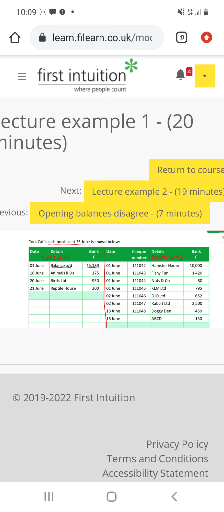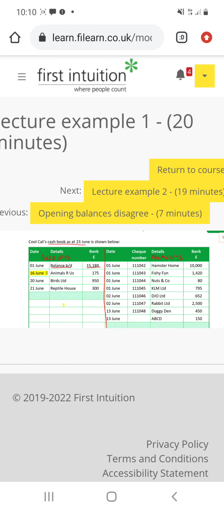The next part of step 1 is then to agree the receipts. Can I now find in the cash book 175 Animals Are Us? Can I find 950 from Birds Limited? And can we find 300 from Reptile House? Looking at the bank statement, the answer is no, I can't find all of those.